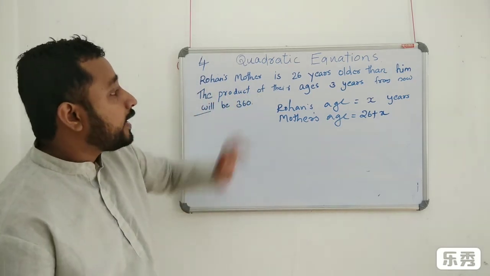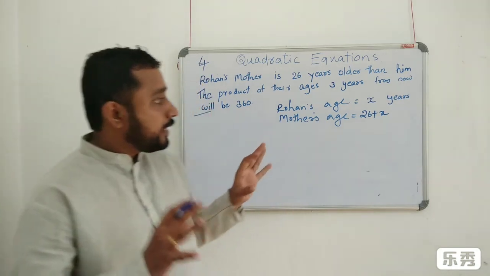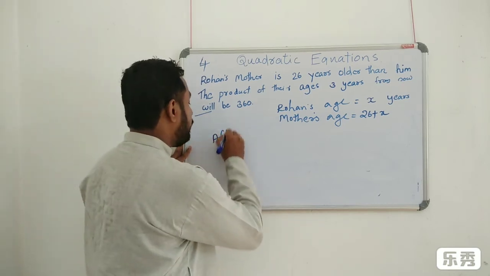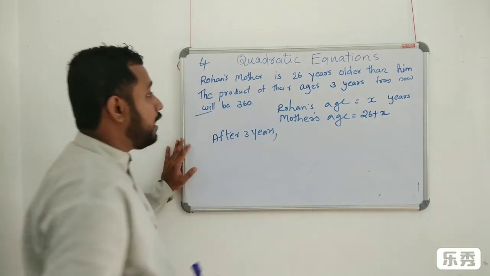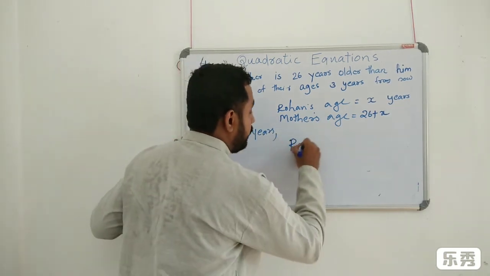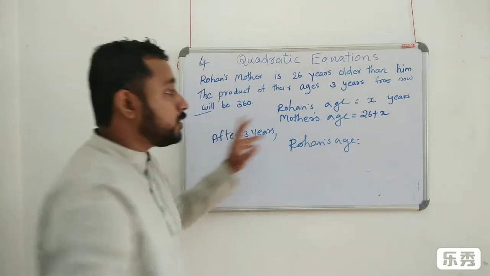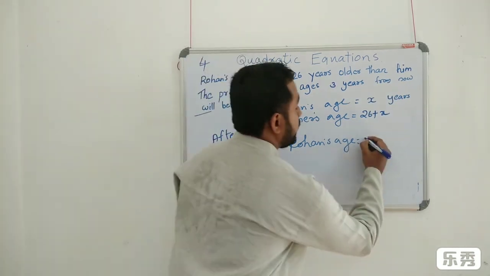The product of their ages 3 years from now, that is, after 3 years. Rohan's age is x years now, so after 3 years it will become x plus 3 years.